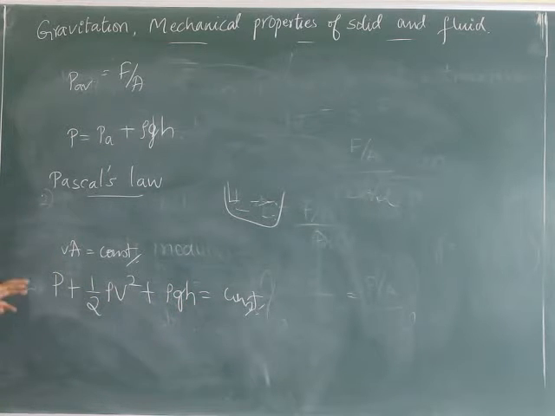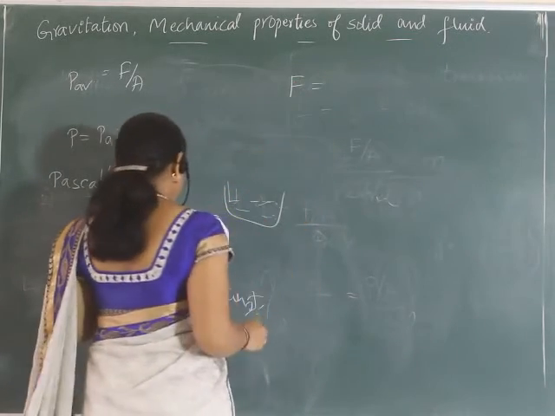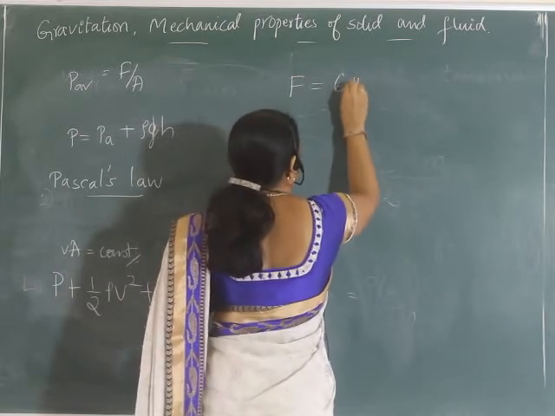This is nothing but which law? Bernoulli's principle. Then we will move towards Stokes law. Stokes law states that the force on the sphere F is equal to 6 pi eta AV.